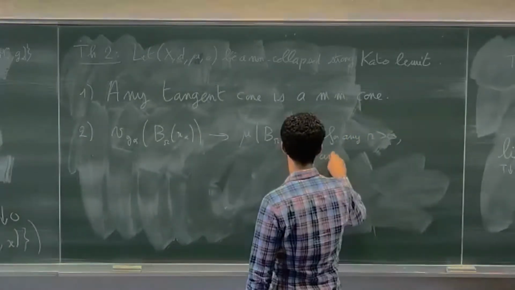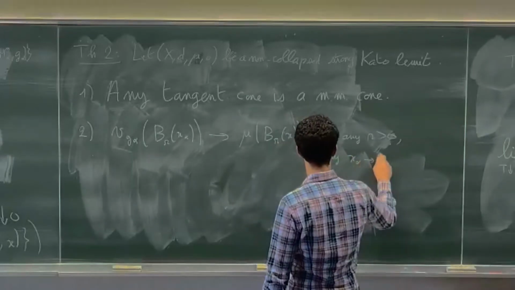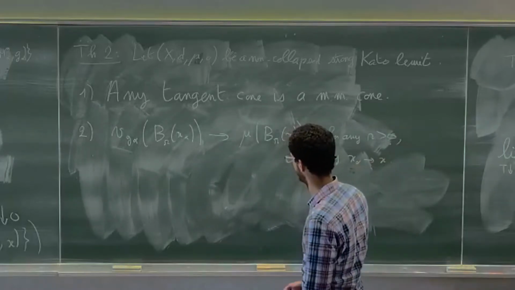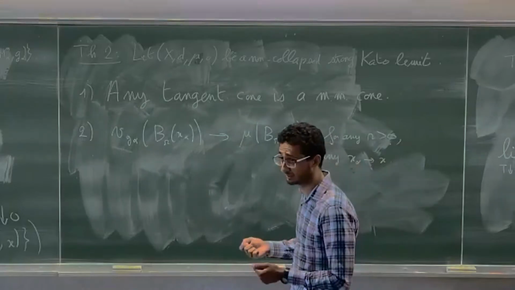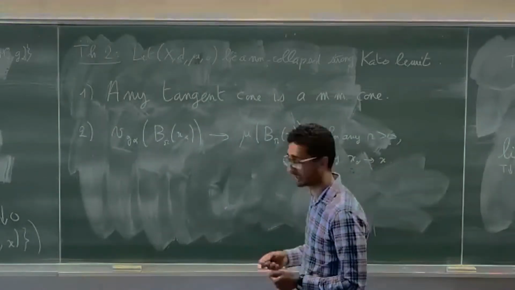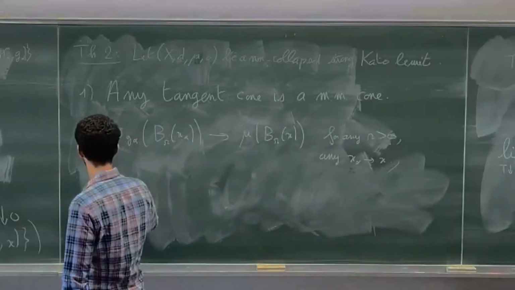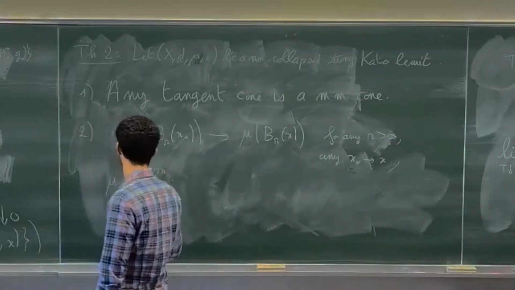There is a notion of convergence of points through the metric convergence, and this is what we use here. In particular, the limit measure mu on a non-collapsed strong Kato-limit is unique, and it is the Hausdorff measure of dimension n.